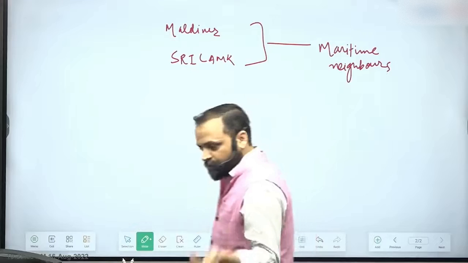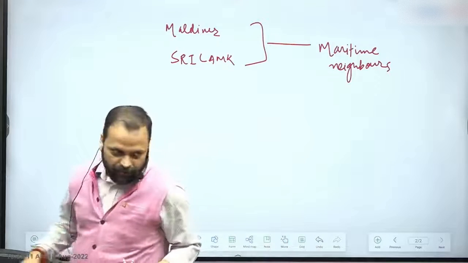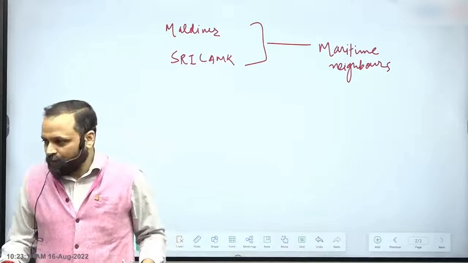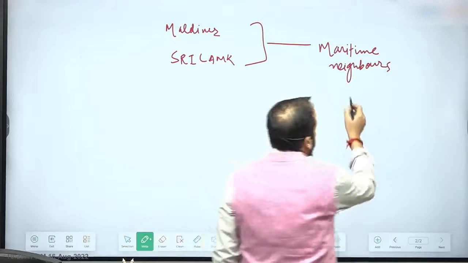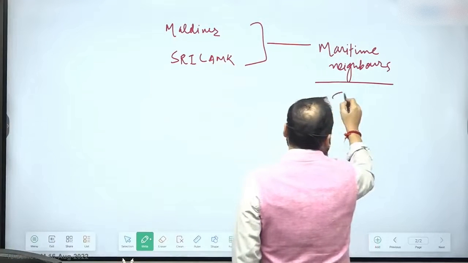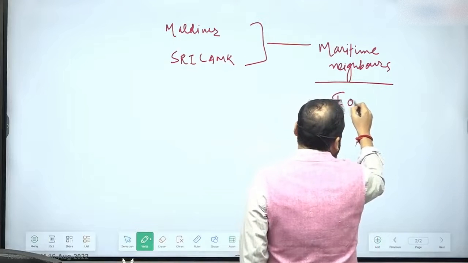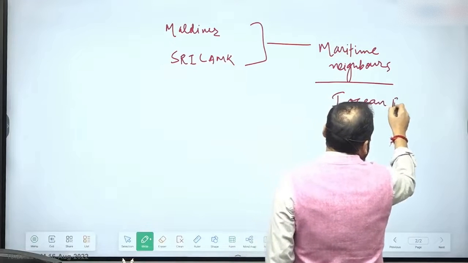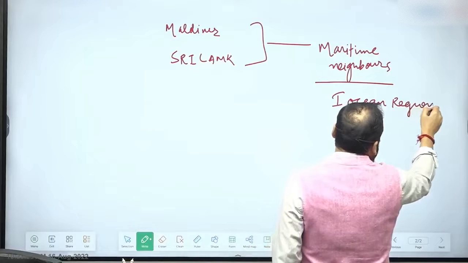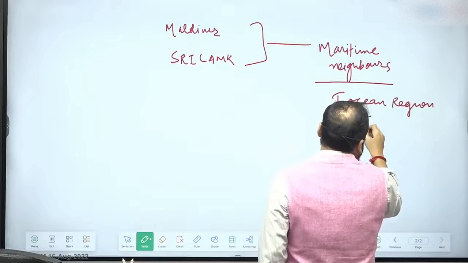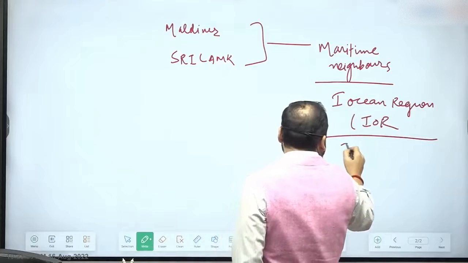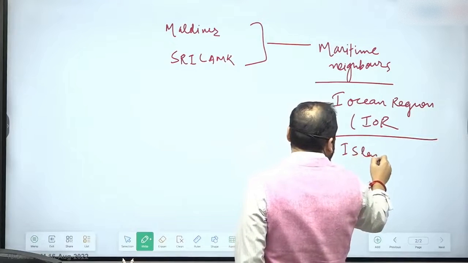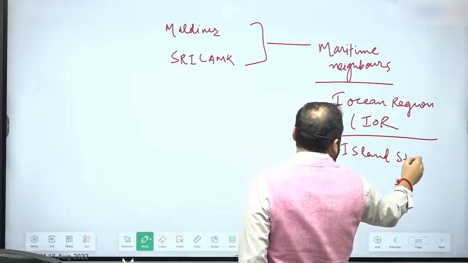So for example, with Indonesia and Thailand, we share a maritime boundary close to the Andaman and Nicobar. So maritime neighbors, in the larger Indian Ocean region, the IOR as it is called. So they are Indian Ocean region island states.